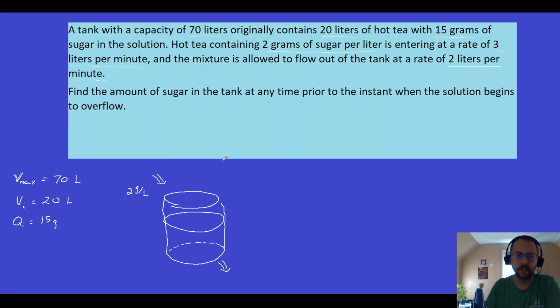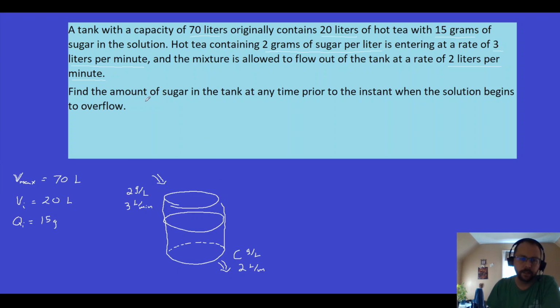That's the concentration of sugar. And the rate of flow is 3 liters per minute. Then flowing out will be, I'll use a big C here, concentration in grams per liter. And the rate out is 2 liters per minute. So what you'll notice from this is that there is a faster flow rate in than what's coming out. So over time, this level is going to rise.